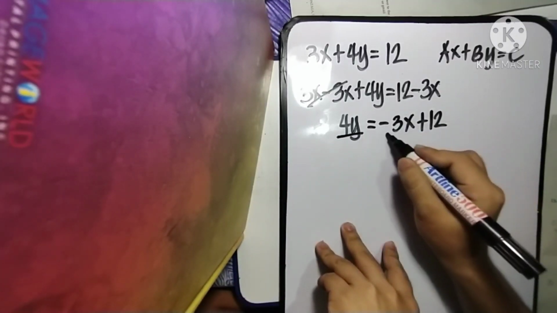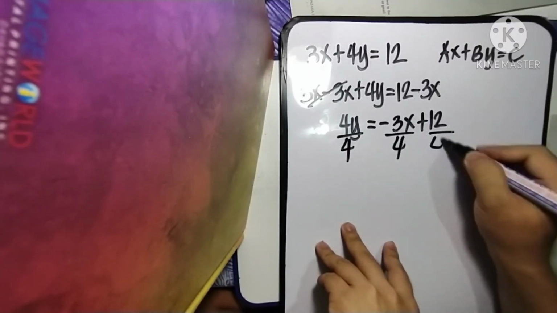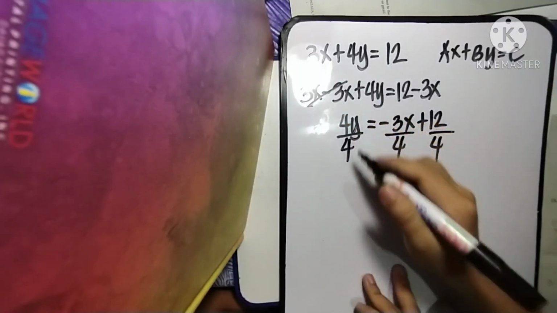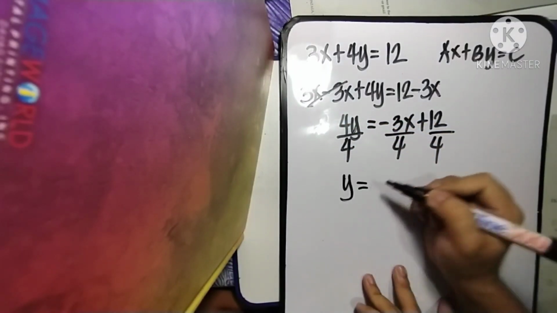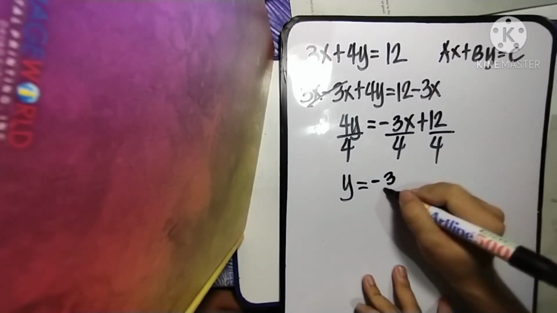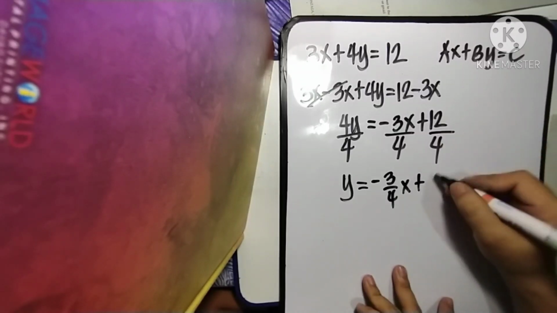So divide both sides of the equation by positive 4. Okay, so 4y divided by 4. 4 divided by 4 is 1 times y is y, is equal to negative 3x divided by 4 is negative 3 over 4 x plus 12 divided by 4 is 3.